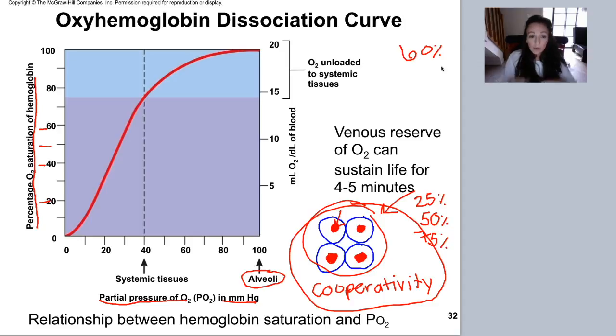This means if we were to average the saturation of all the hemoglobin molecules in the blood in a particular area, some of those molecules would be at 50% saturation, some of those hemoglobin molecules would be at 75% saturation, and the average would be 60% saturation. So when we say 60% saturation, it's just because we're talking about many molecules and we're just averaging their saturations. Okay, hope that makes sense.